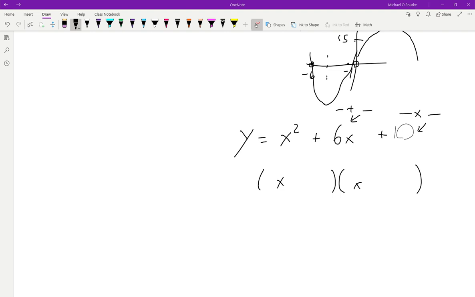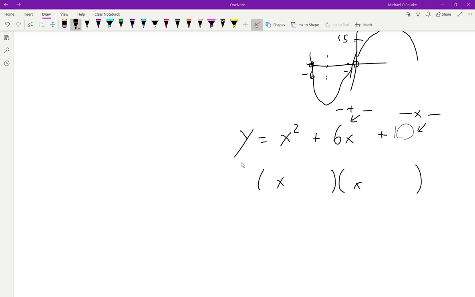So, and we're going to touch in on that in a second. Let's draw this one. Let's do the exact same equation, but I'll cheat a little bit. I'll put a negative in there. Okay, that one does cross the x-axis, but we can't find anything that multiplies to 10 and adds to negative 6.